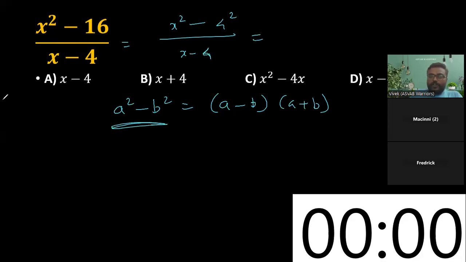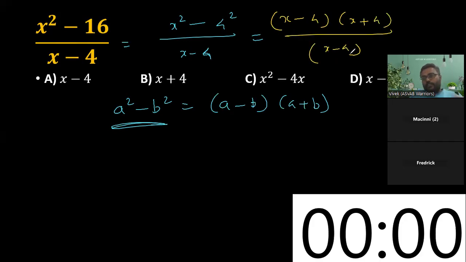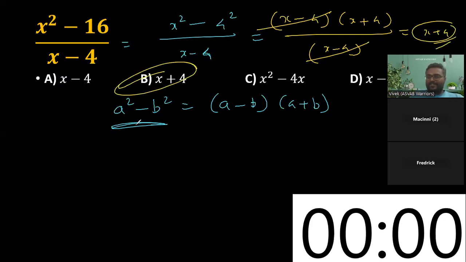So here we have a perfect a square minus b square. So what can I do? X minus 4 times x plus 4 divided by x minus 4. Whatever is the common factor, which is x minus 4, cancel it out. What is remaining? X plus 4 is remaining. That's your answer.